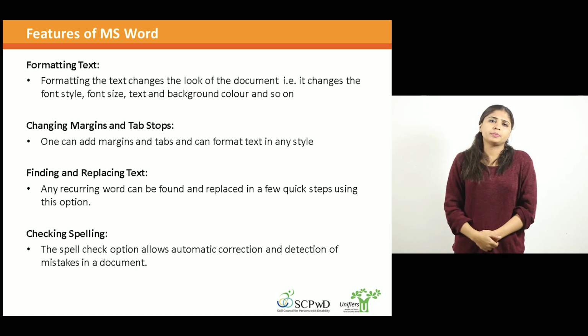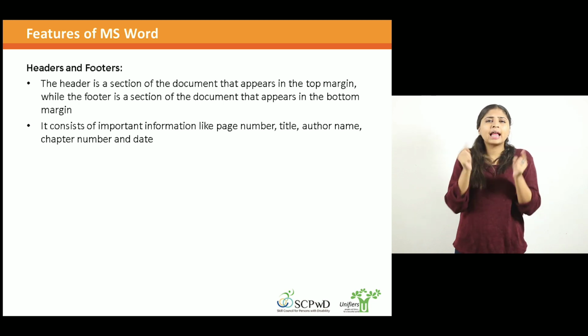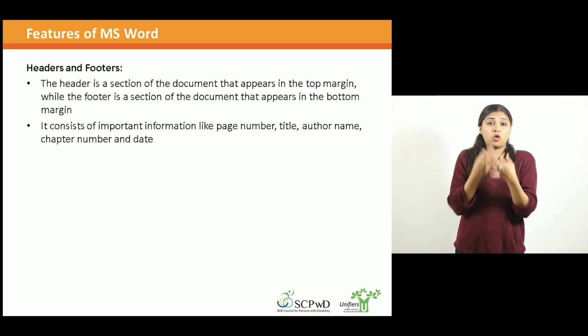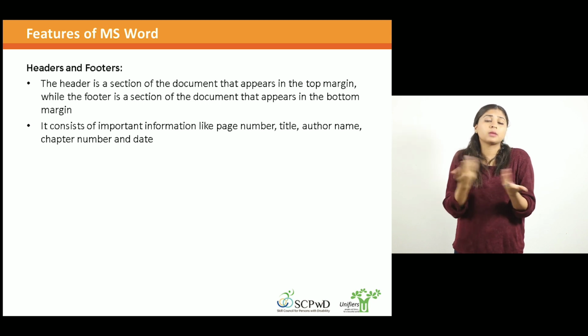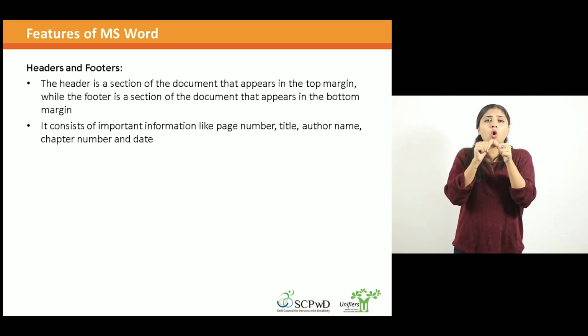Header and footers. The header is a section of the document that appears in the top margin, while the footer is a section of the document that appears in the bottom margin. It consists of important information like page number, title, author name, chapter name, and date.